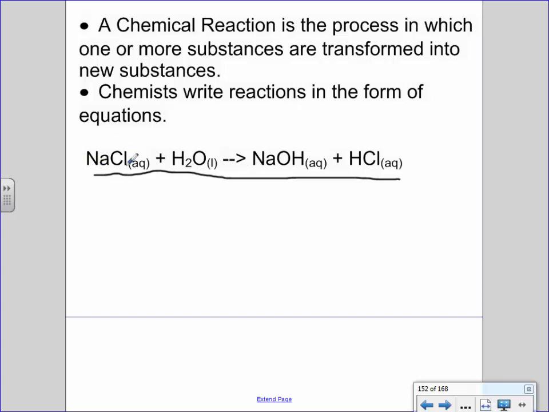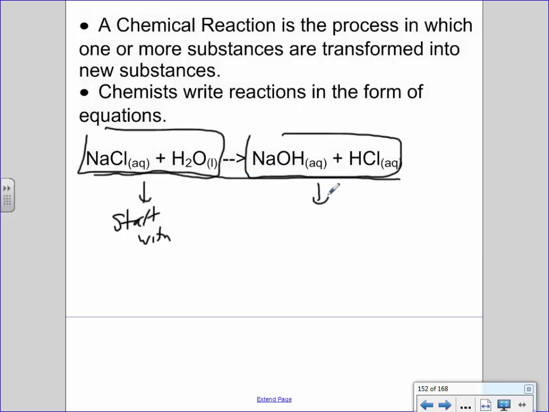I would take my first compound that I used, NaCl, sodium chloride, and water. And these two things over here, this would be what we started with, which is why we write them from left to right, just like when you read. Whereas these two things over here are what we finished with. And in the middle, we always draw an arrow.